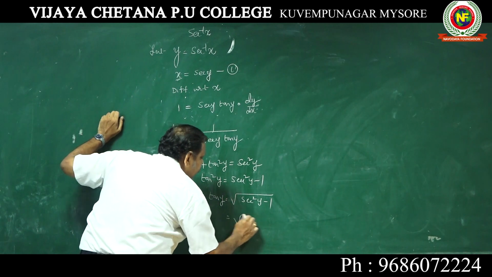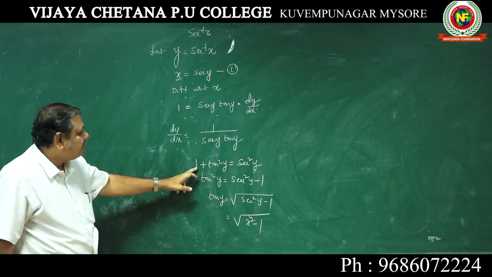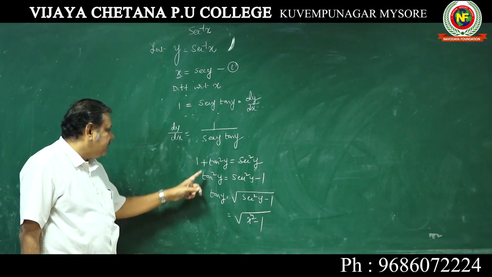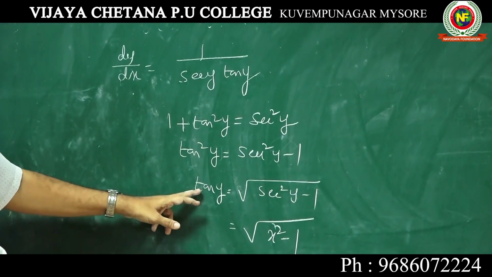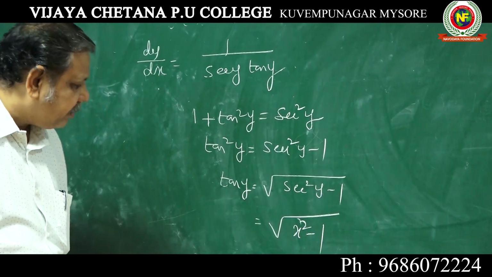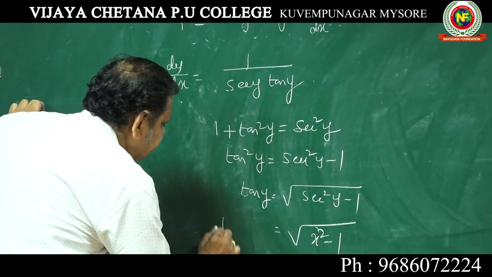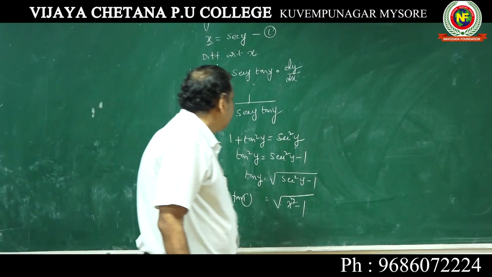It is root of x square minus 1. I will explain. Use the formula 1 plus tan square y is equal to secant square y. Tan square y is equal to secant square y minus 1. Tan y is equal to square root of secant square y minus 1, and secant y is x, so it is root of x square minus 1.